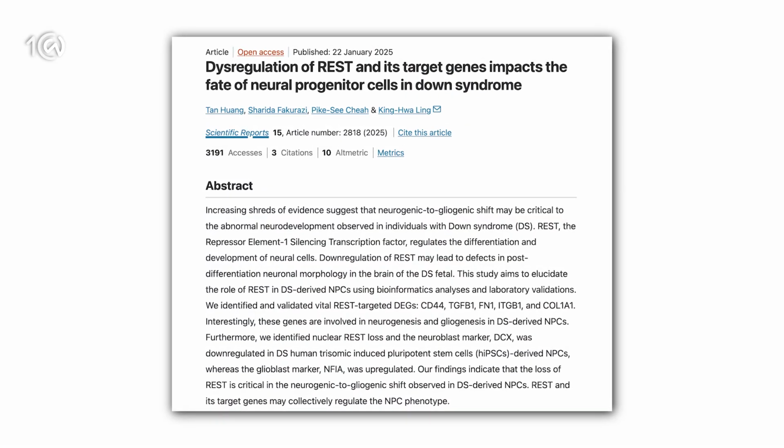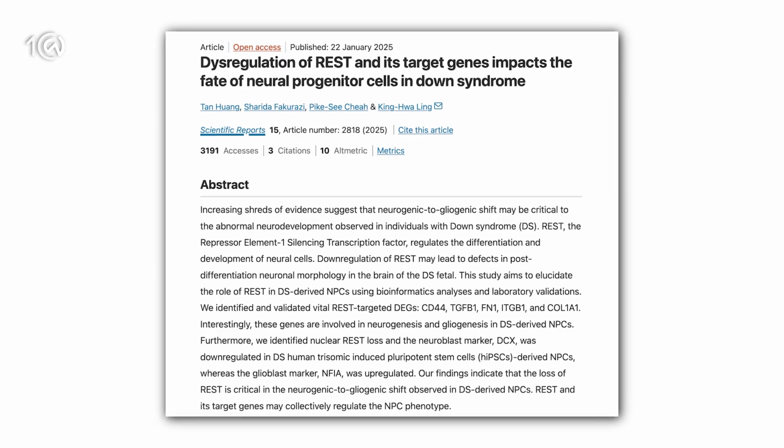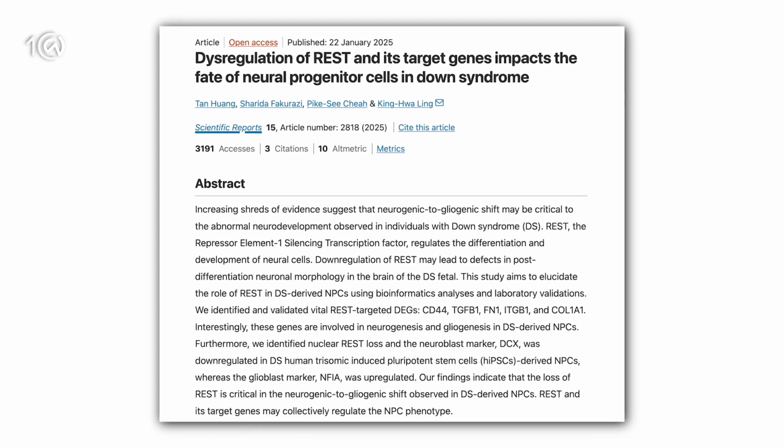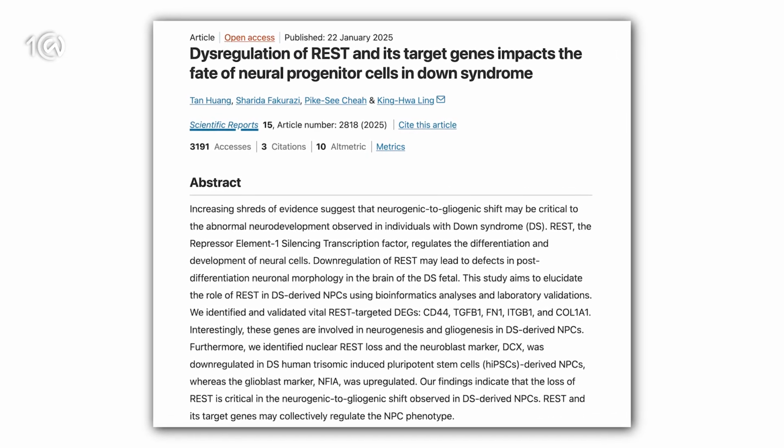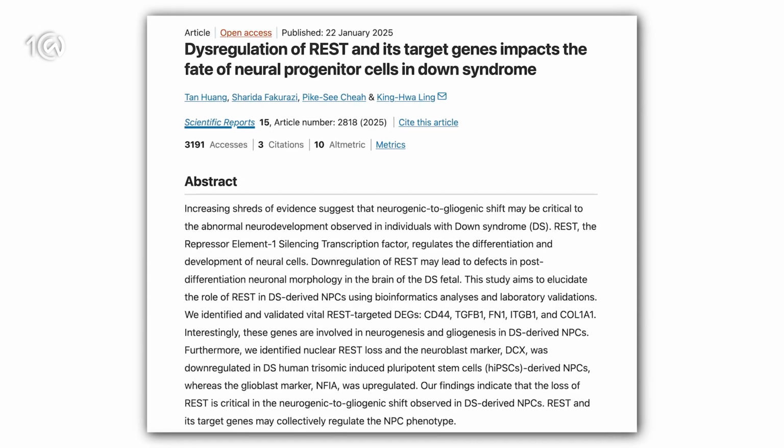One of them is the astrocyte. We looked at two papers published within this year related to REST. One is on the progenitor cell, related to how cells shift from becoming a neuron to turning into glia cells, and one is the study on the astrocyte.